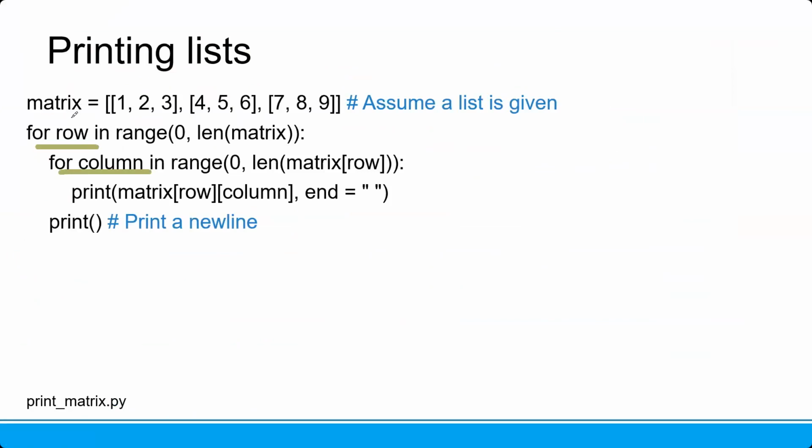We have a matrix. So 1, 2, 3, 4, 5, 6, 7, 8, 9. So let's assume a list is given. And then let's look at the row. How can we know the number of rows? The number of rows means we want to know the length of the matrix. Okay. So what is the length of the matrix? Let's see.